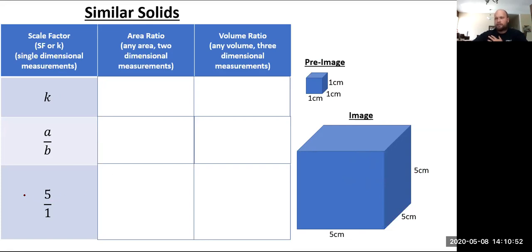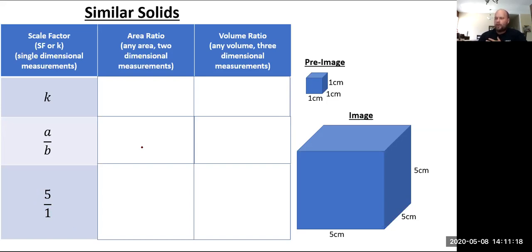Again, it's always image on top, pre-image on bottom. Because if it's getting bigger, the bigger number is going to be on top. If it was getting smaller, say it was a reduction, then the smaller number should be on top, because your scale factor should be greater than 1 for an enlargement and less than 1 for a reduction. So in this case, we have the 5 from the image over the 1 from the pre-image.